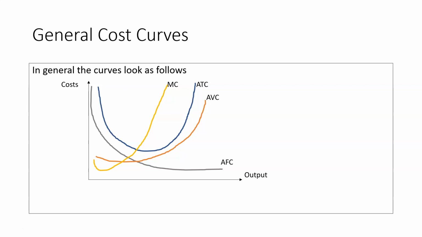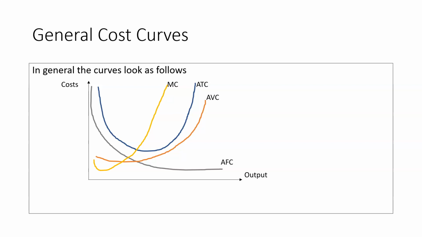And one of the things graphs should be able to tell you in most cases is whether this is a long run picture or a short run picture. As we get into market structures, I'll try to emphasize how you can tell the difference between a long run and a short run. For right now, noticing you have a fixed cost in there automatically, since fixed costs can only occur in the short run, this has to be a short run picture. This has to be a short run average total cost curve.